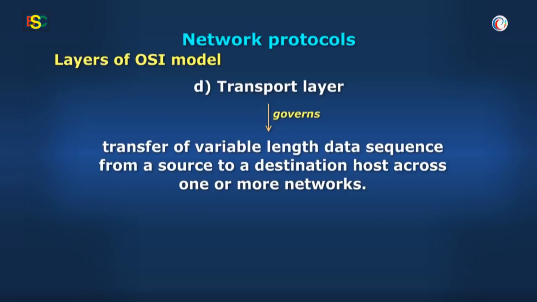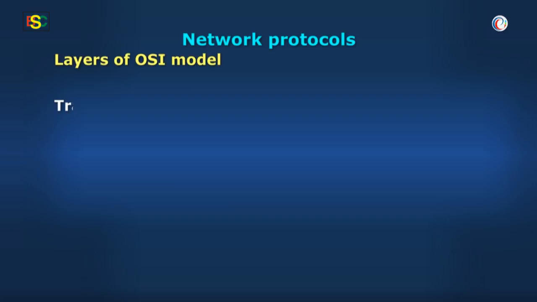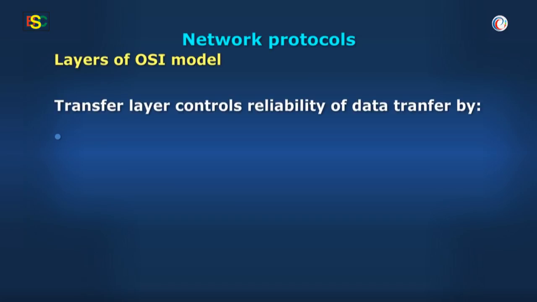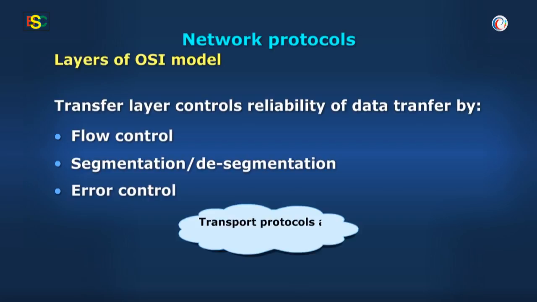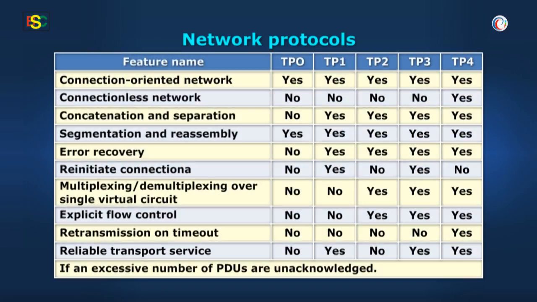The transport layer creates packets out of the data and controls the reliability of the transfer of this data by flow control, segmentation or desegmentation, and error control. The transport protocols are divided into 5 classes based on the mode of connection. The following is the table which depicts the various classes and their applicability.